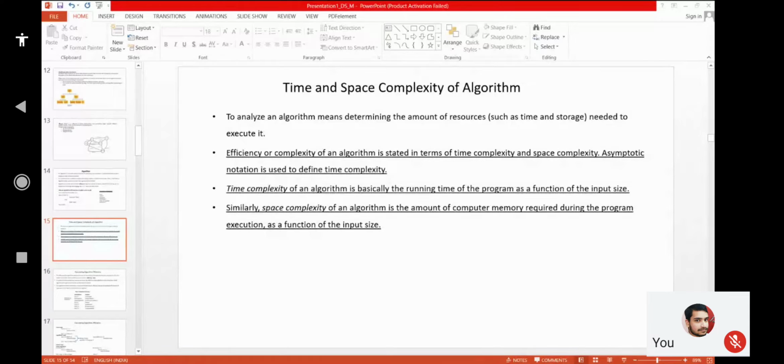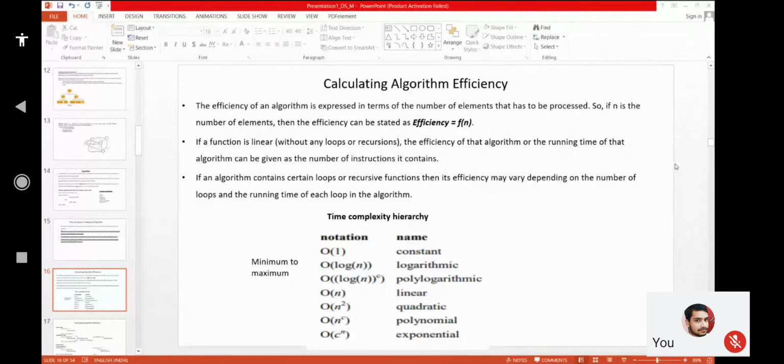Efficiency is f of n, where n is the number of inputs of the program.